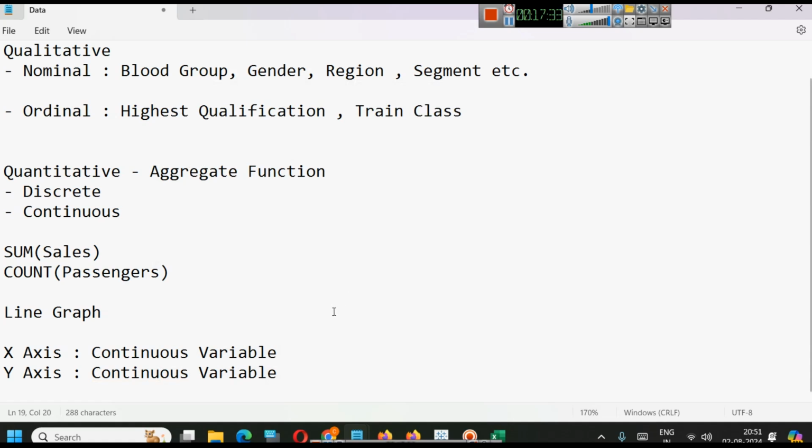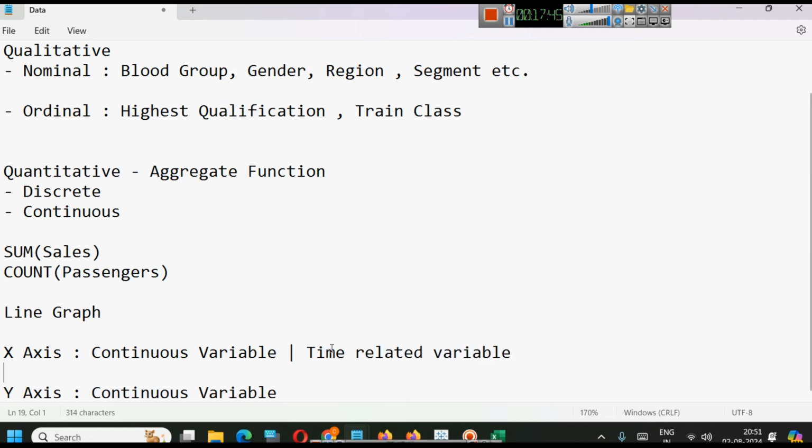In most of the cases this continuous variable will be some time related variable. What are time related variables? Date, date, time, or simply time in seconds.